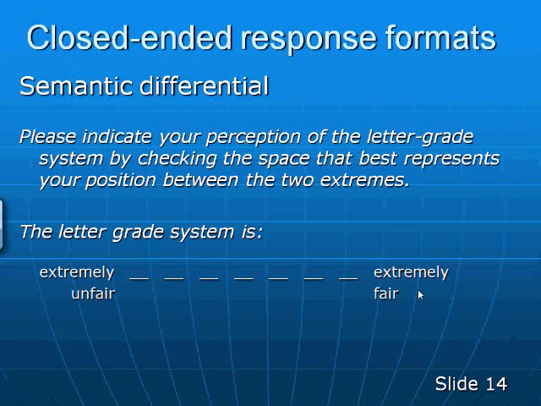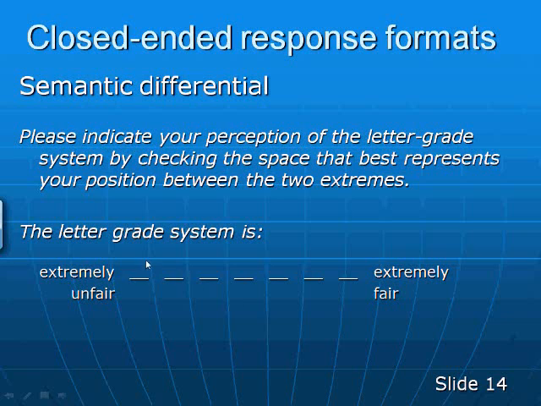The participant responds by placing a check mark, or sometimes circling one of the spaces that you see here between these 2 extremes, which expresses this person's position between them in terms of their opinion. Sometimes instead of spaces, we have numbers here, but it's the same principle. This example says, please indicate your perception of the letter grade system by checking the space that best represents your position between the 2 extremes.